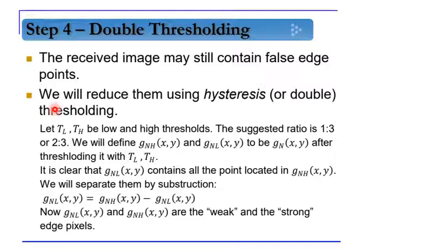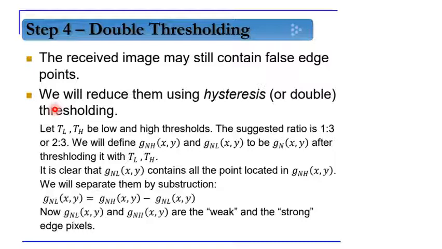Suppose I set a threshold of, let's say, 30. Whatever pixels are above 30 will be made 1, and all the pixels below 30 will be made 0. This is a low threshold value; 30 is a low threshold.